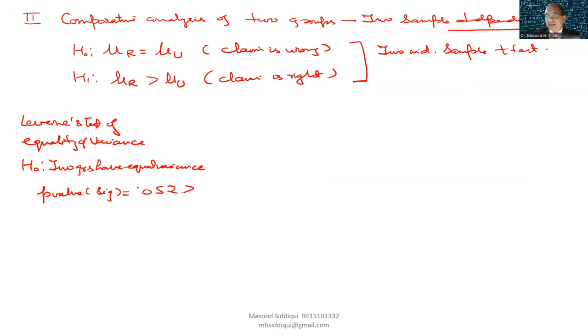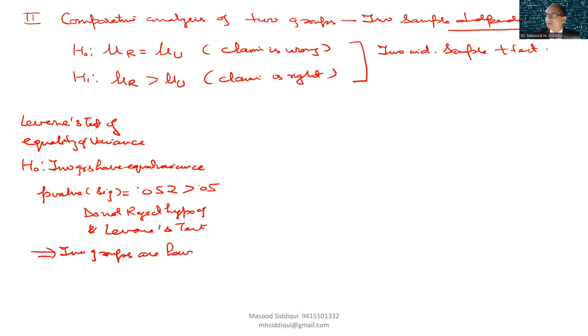And this value is greater than our taken or the default level of significance, that is 0.05. So we do not reject this hypothesis of Levene's test. So we can say that two groups are having equal variance.